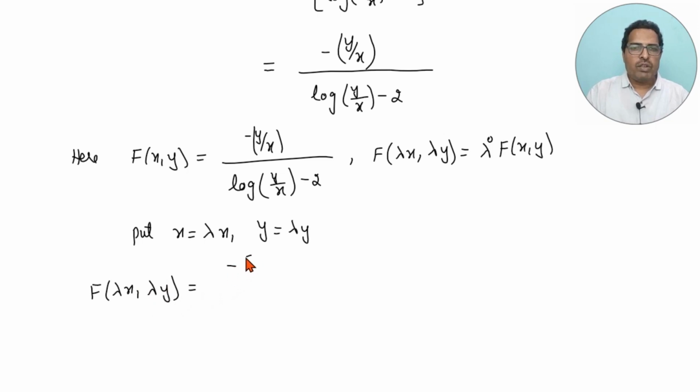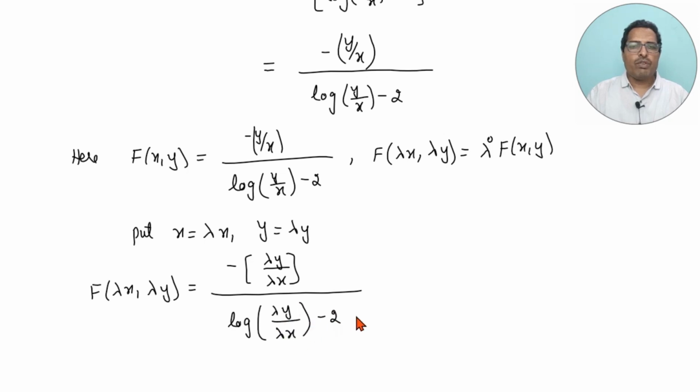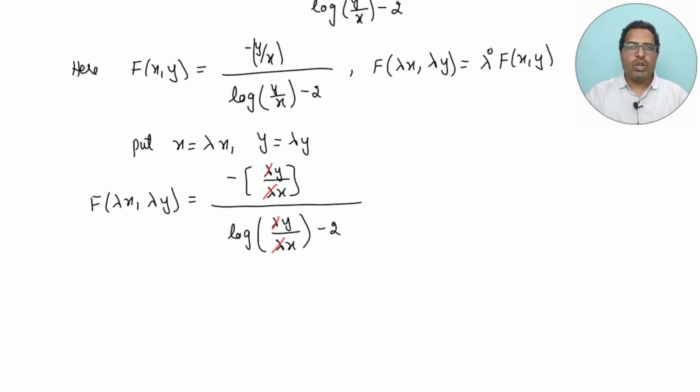So we have here minus lambda y divided by lambda x, it is whole divided by, in the denominator, log of lambda y by lambda x minus 2. So we can cancel out this lambda and lambda. What will be left now?